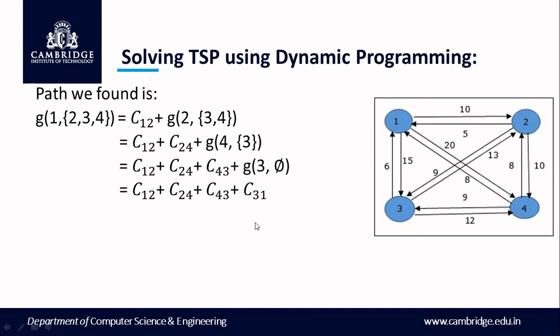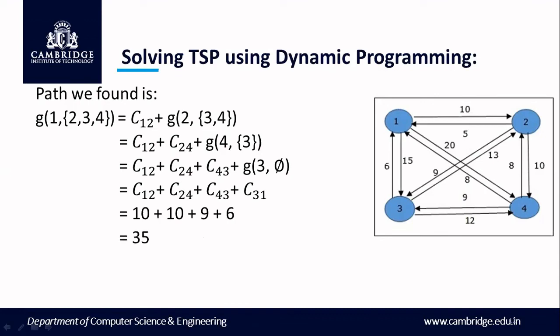When we keep on expanding that, we get a path: the cost of connectivity from vertex 1 to 2, from vertex 2 to 4, from 4 to 3, and 3 to 1, which forms a Hamiltonian cycle, which is an optimal Hamiltonian cycle.